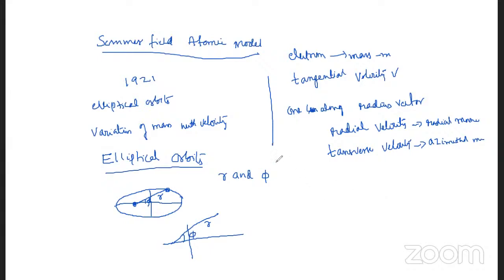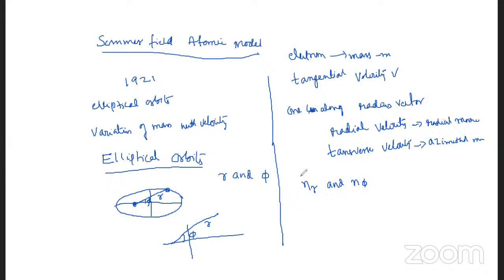One is nr, and another one we call n phi. These are the two quantum numbers introduced by Sommerfeld.